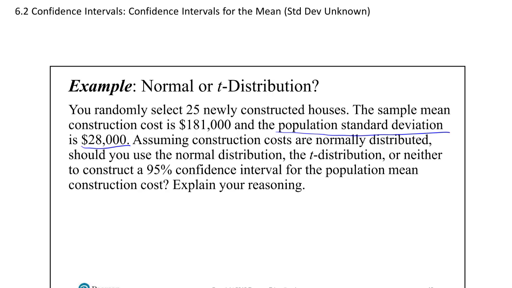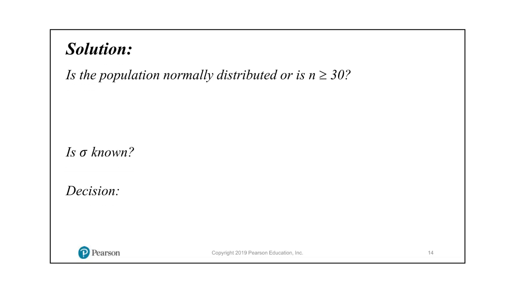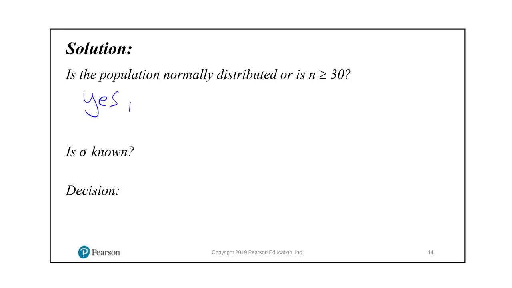Okay, so here's the things that we'd be asking. Is the population normally distributed, or is n greater than or equal to 30? Well, n was only 25, but they did tell us that, yes, the population is normally distributed.